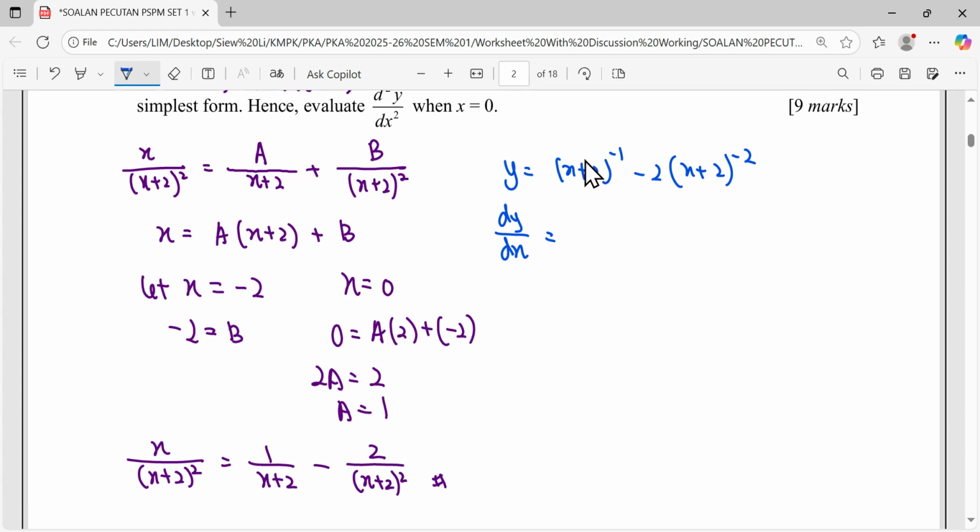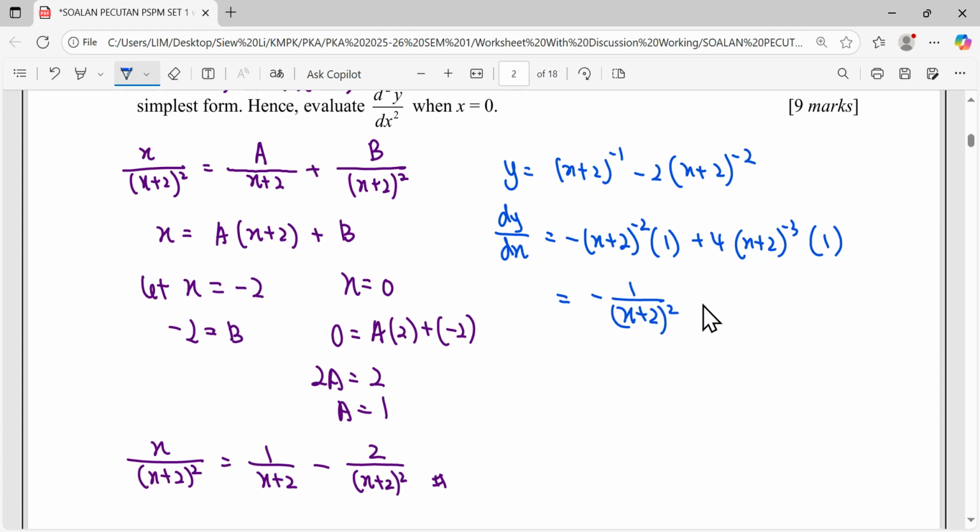Power moves to the front, power minus 1 gives negative 2, differentiate inside the bracket, we get 1. Again for this second term, power moves to the front, power minus 1, differentiate the bracket, we get 1. So this dy/dx, you will get negative 1 over (x plus 2) squared, then plus 4 over (x plus 2) to the power 3. This is the simplest form we can get.